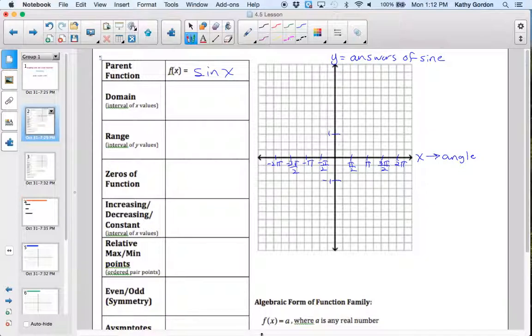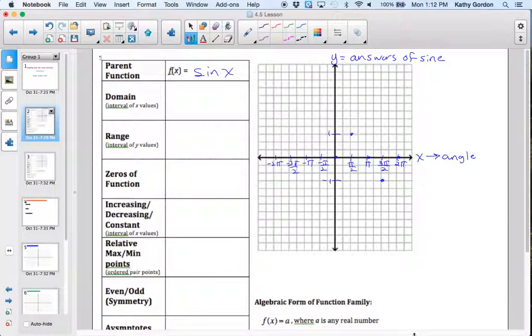Okay, so if we follow that pattern again, for sine the pattern was what? 0, max, 0, min, 0. So the 5 points of that pattern happen now on the tick marks. Right?